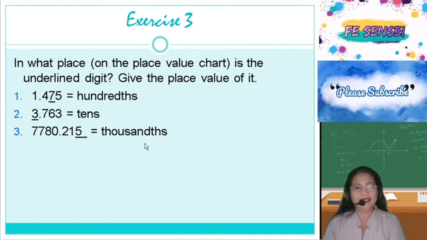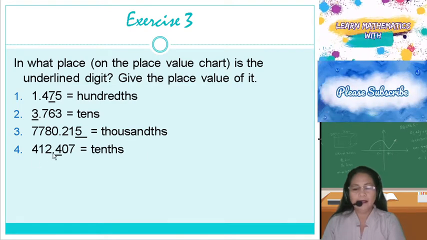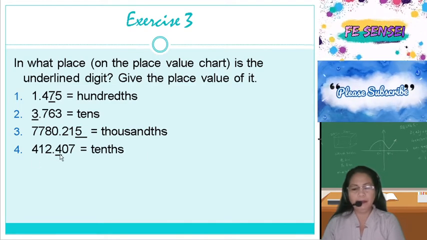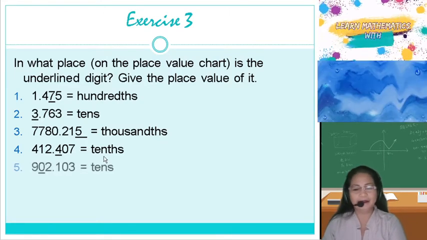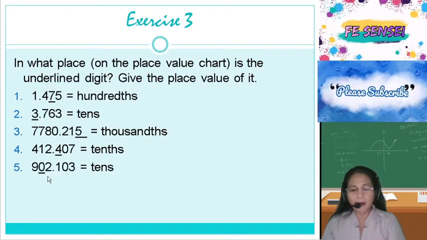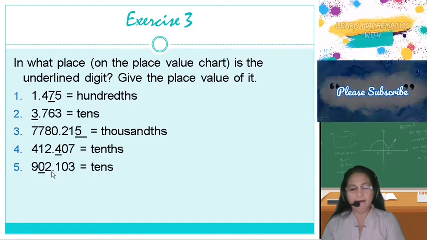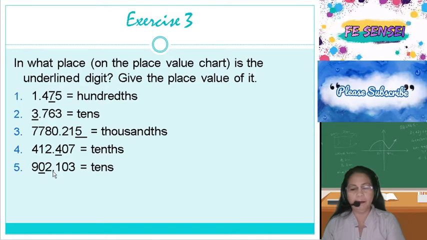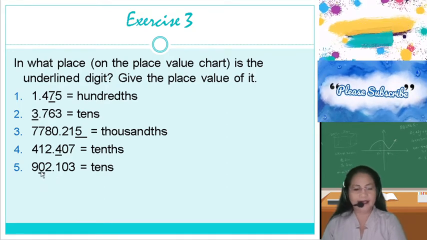And it's in the thousands place. This one, from the decimal point, you have 1. So it is in the tenths place. From the whole number, the second digit before the decimal point, this is ones, and this is tens.